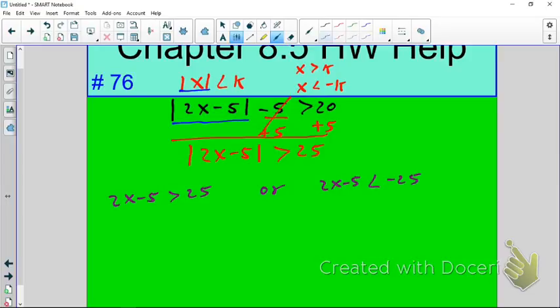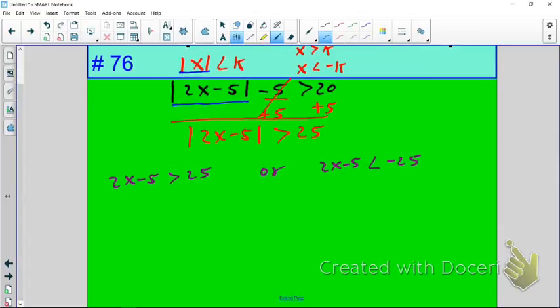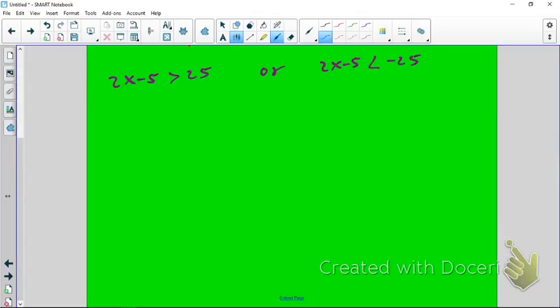And I'm just going to go ahead and solve them now individually and then look at them in interval notation as well. Okay, so I'm going to use the addition property of equality to be able to move the 5 to the other side, and I end up with 2x is strictly greater than, right? I end up with 30. Then I get to use the division property of equality, and I have x is strictly greater than 15.